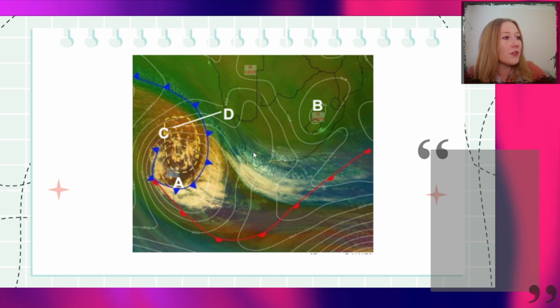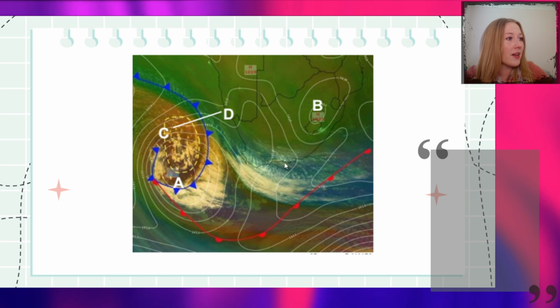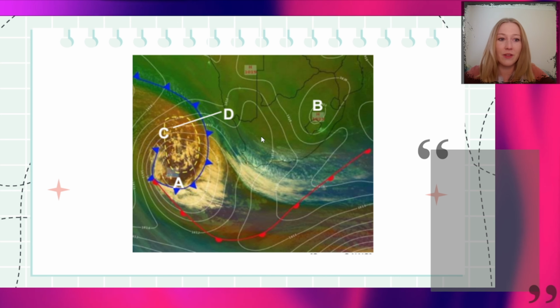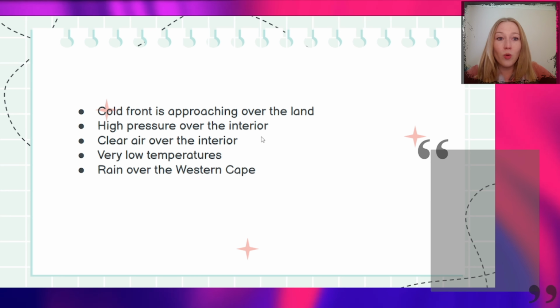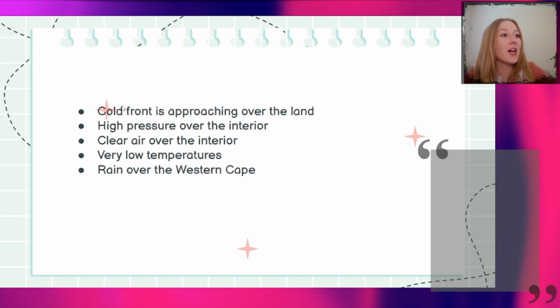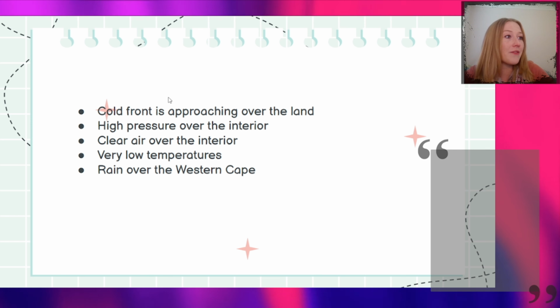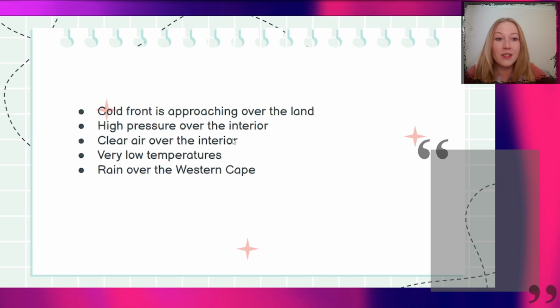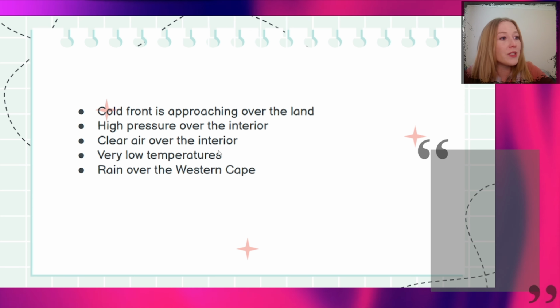You can see South Africa outlined here, and a cold front moving towards the east over South Africa. Generally, these are all the points of evidence they would accept: a cold front approaching over the land, high pressure over the interior, clear air over the interior, and low temperatures.